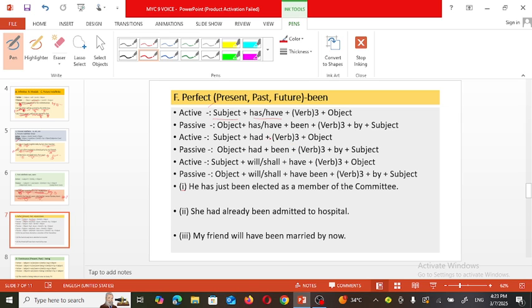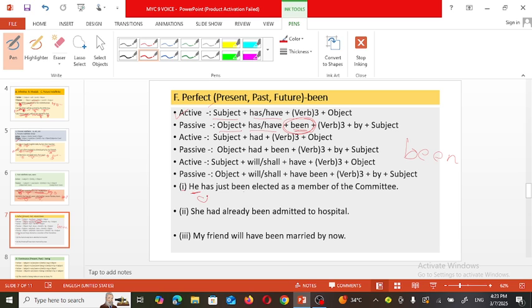Subject, verb, object. That is the sentence when it is in active voice. In passive voice, the object comes first, then has or have. After that, "been" must be used after this helping verb. And then the third form of the verb, which is already used over there, then by and the subject. For example, he has just been elected.